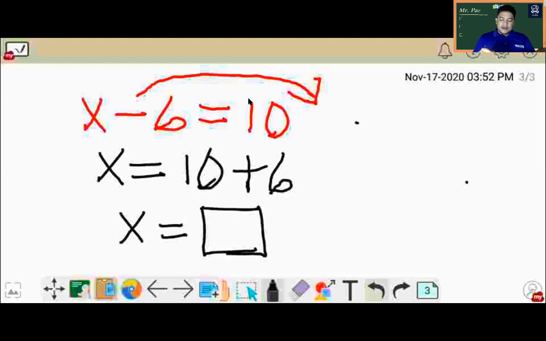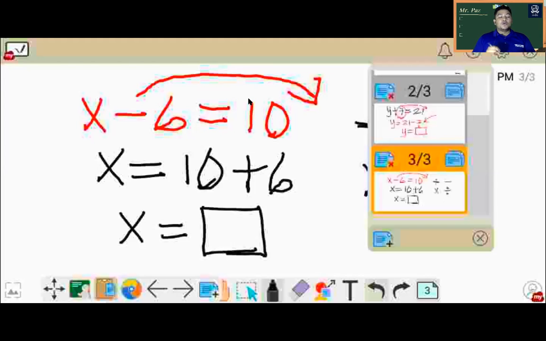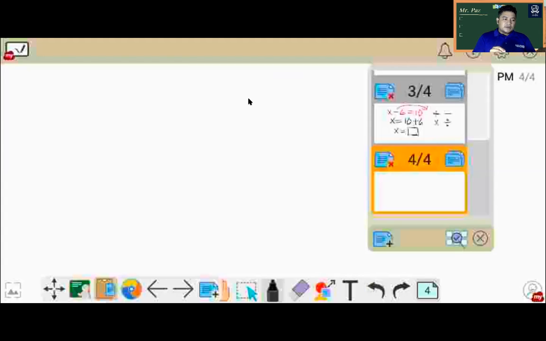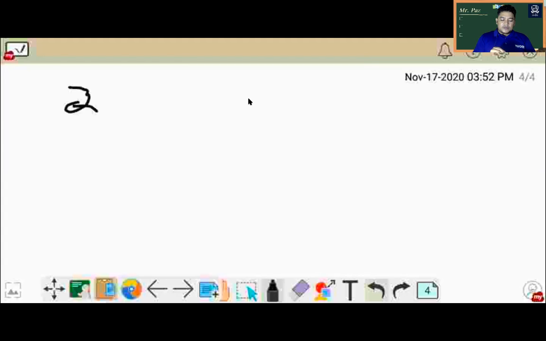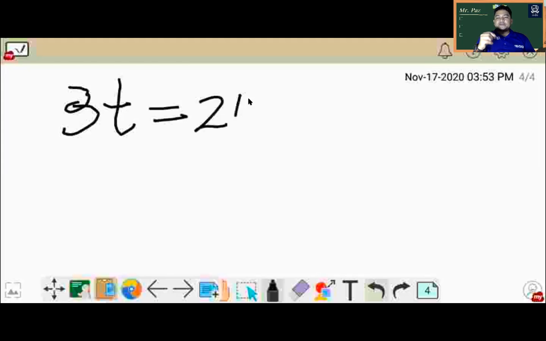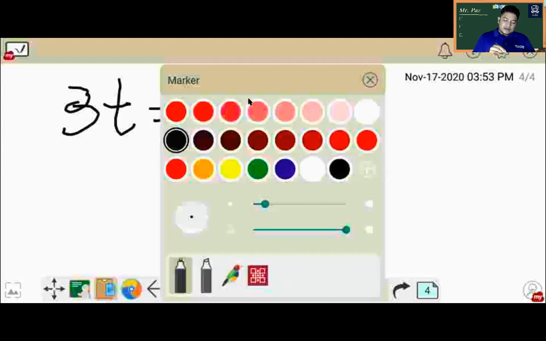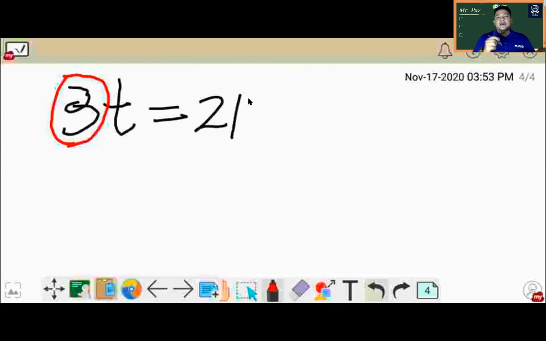The inverse of adding is subtraction. The inverse of multiplication would be division, right? For example, if I have 3 times t equal to 21, remember that variables can be any letter. The 3 is multiplying the t, right?